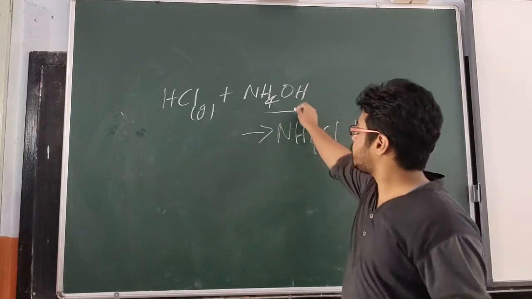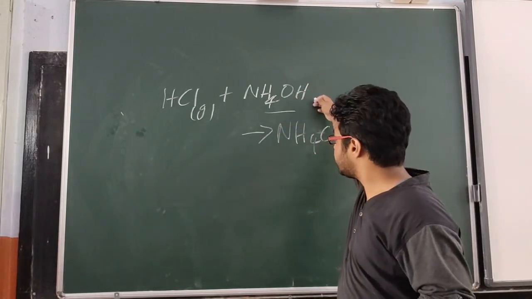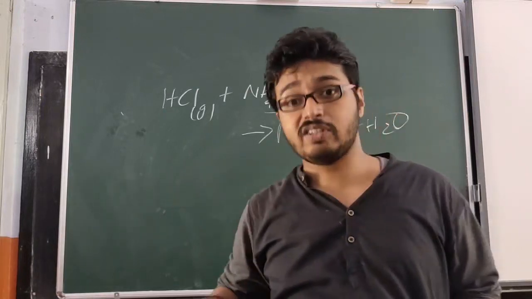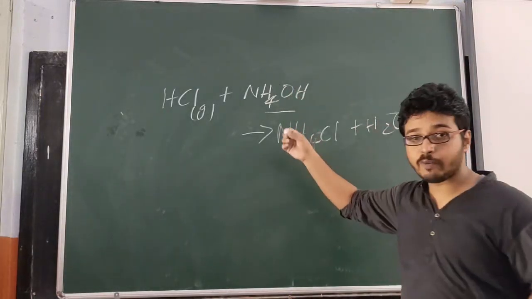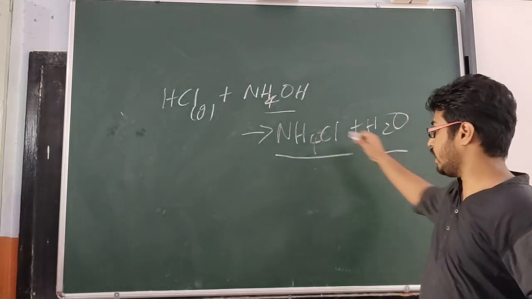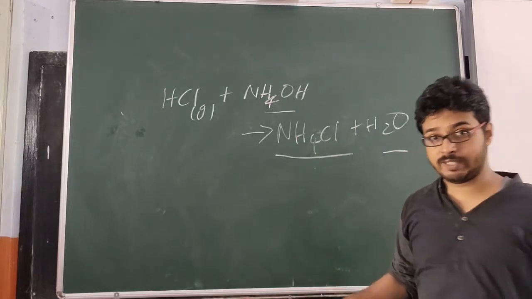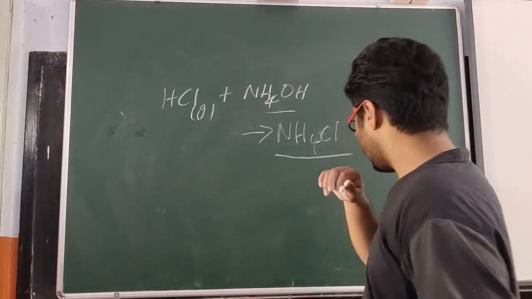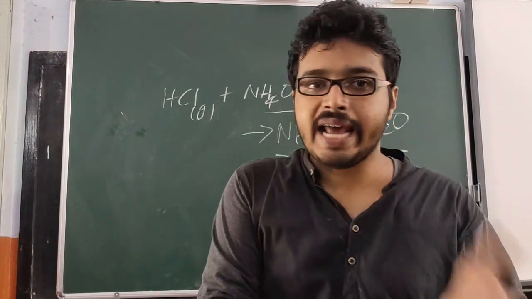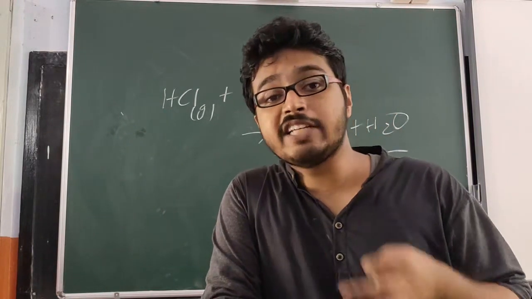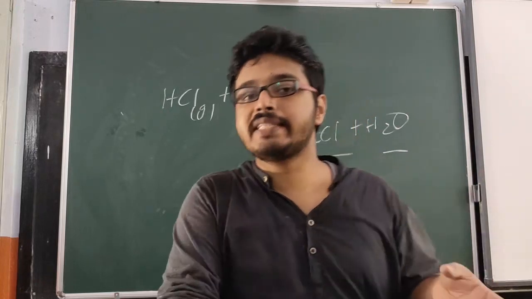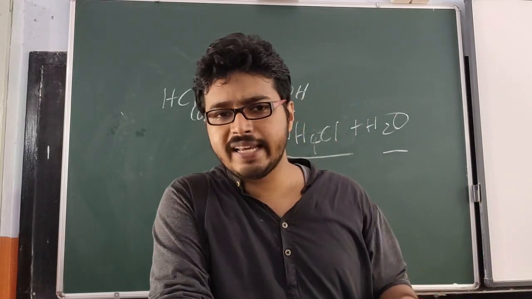Since NH4OH is a base and HCl is an acid, it is an acid-base reaction. So the products can be analyzed as salt plus water. NH4Cl is the salt, H2O is the water. As you know, acid-base reactions are always highly exothermic in nature.